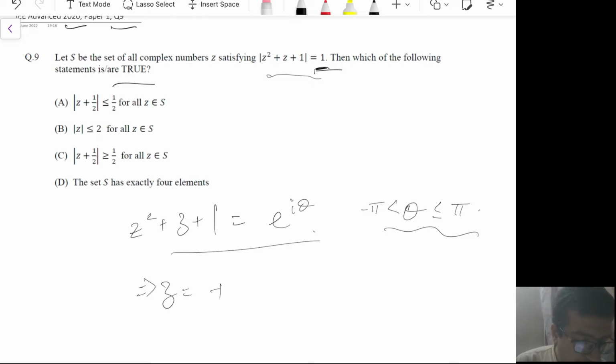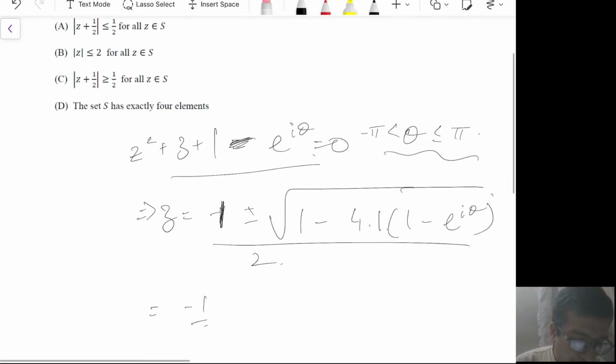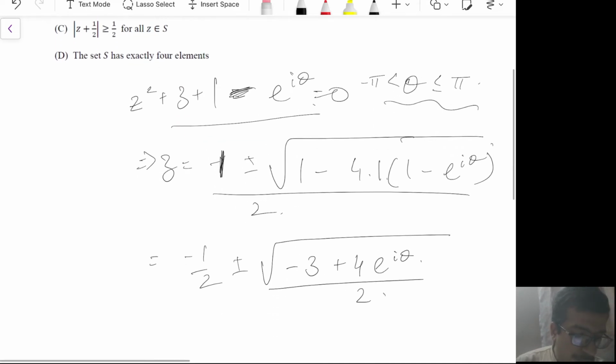I'll take this to the other side, so I have b square minus 4ac over 2a. So z is minus half plus minus half of the square root of minus 3 plus 4 e to the power iota theta. So the set of these complex numbers are of this form.